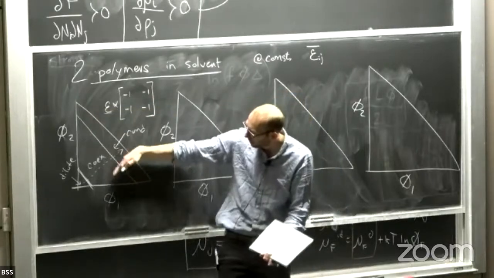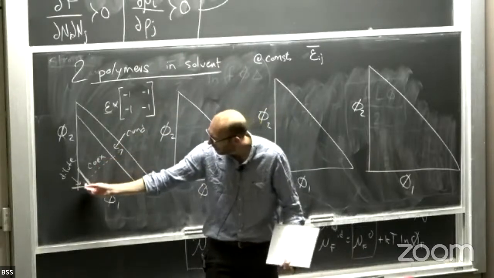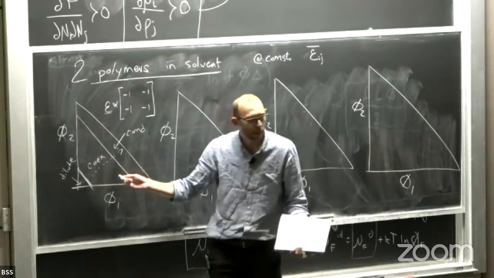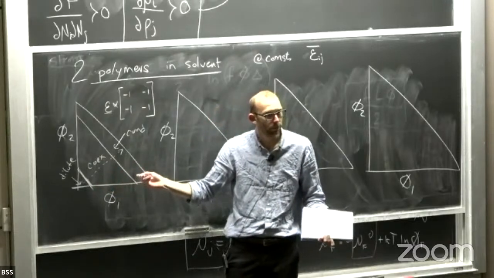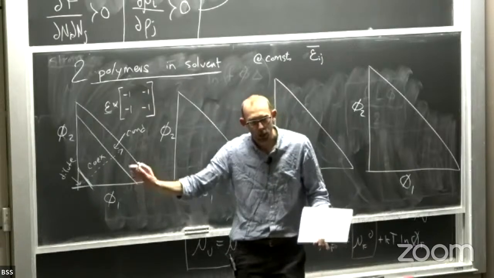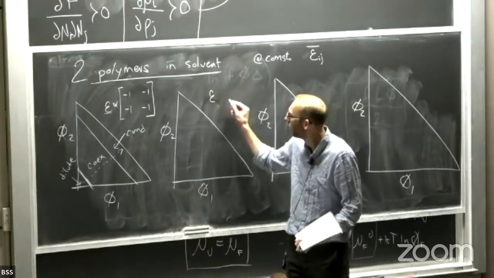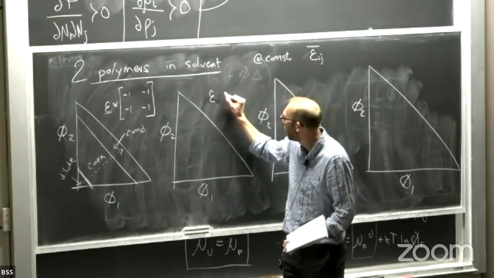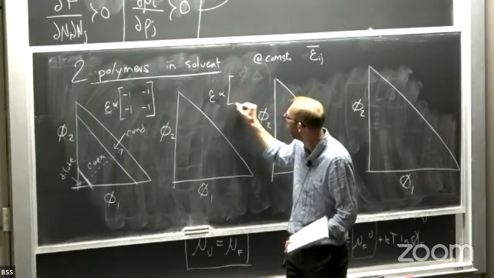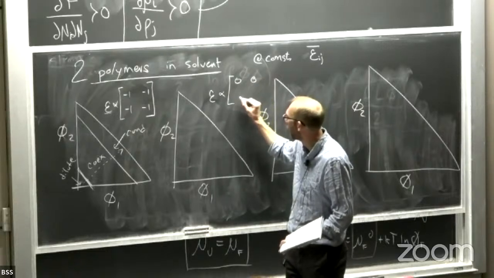If you project this onto this axis here, you just get a phase diagram that looks exactly like what we had before. Okay. Simplest possibility. More interesting possibility would be something like this.